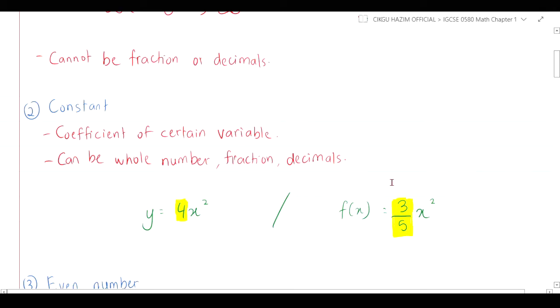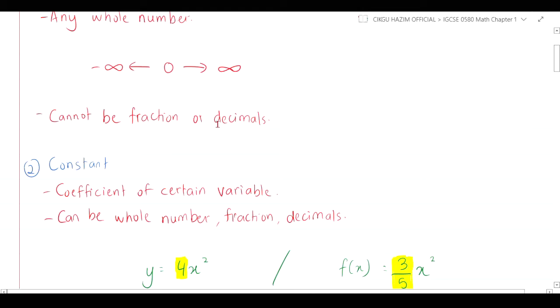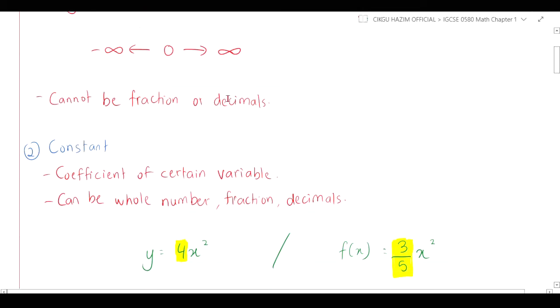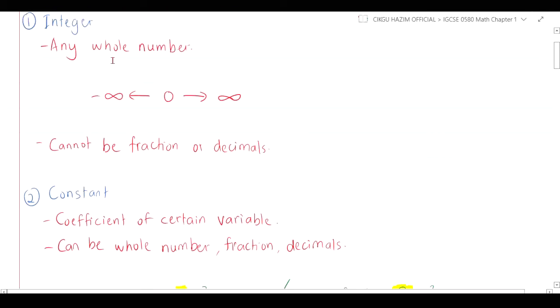So listen and read the question carefully. If the question asks about finding the constant, then your answer can be either a whole number or a fraction or a decimal. But if the question asks that your number must be in integers, then it must be everything whole number. Because there was some question regarding the difference between constant and integers here.